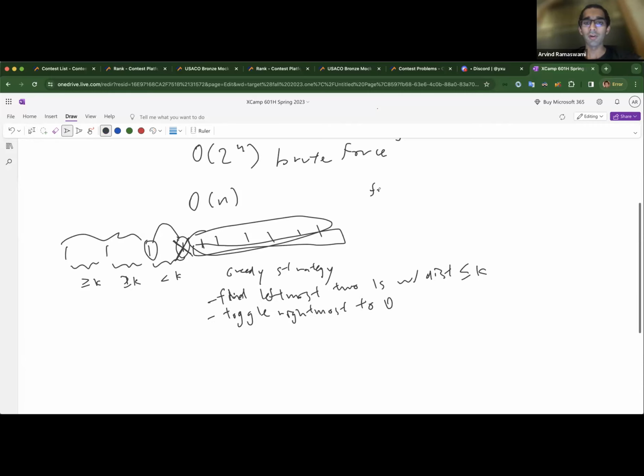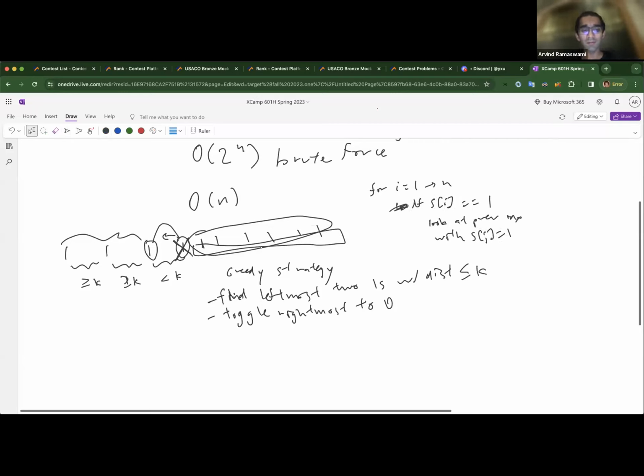So for i equals 1 to n, when you see a 1, keep track of the previous one that exists. And if it has distance less than k, then change the current one to 0. So if s_i equals 1, look at the previous index with s_j equal to 1, and if the distance is less than k, then you can toggle this one.